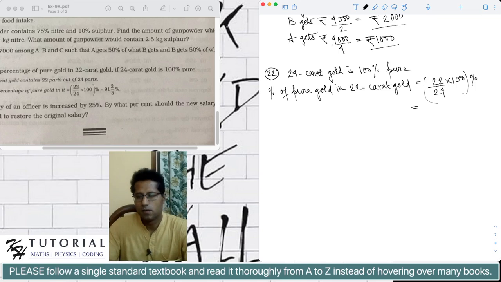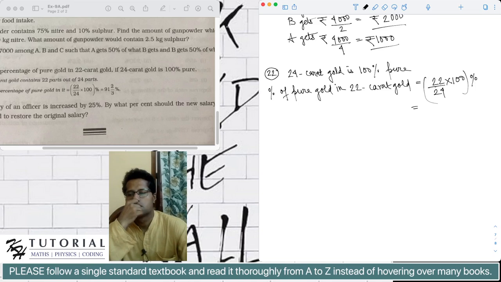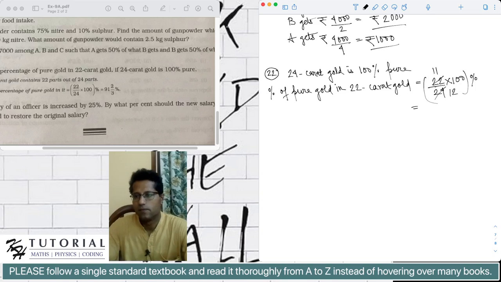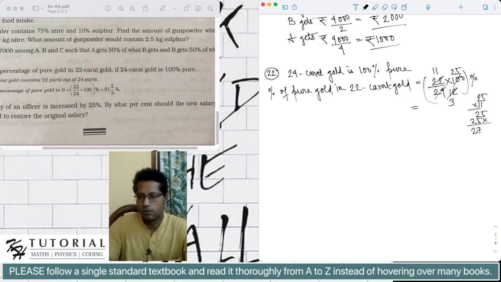Simplifying, this is equal to 25 multiplied by 11, which is 275.